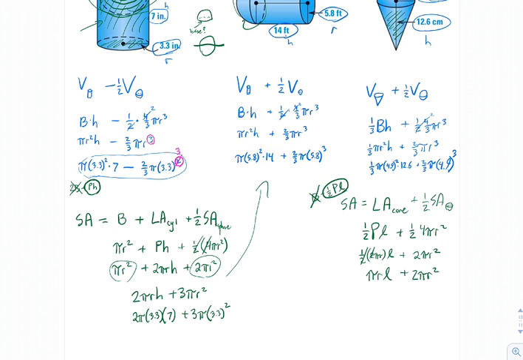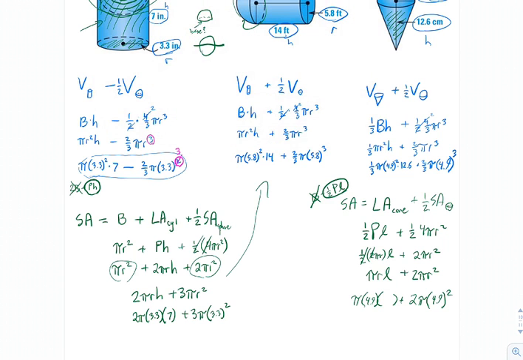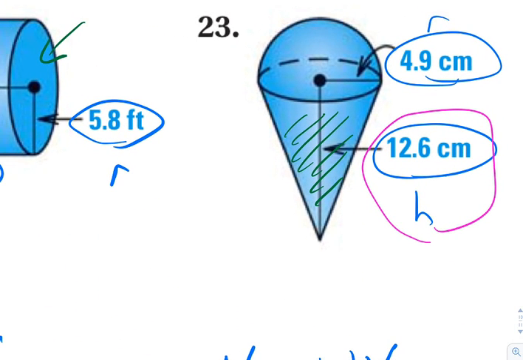And you can just go ahead and plug it in, except, oh my goodness, we do not have a slant height. So we get pi times 4.9 times the slant height, which we're going to have to find, plus 2 pi times the radius of 4.9 squared. Now, this is a really common mistake, that people would just use this as the slant height, but this was h. So if we want to find the slant height, let's erase some things here just so it's not messy.